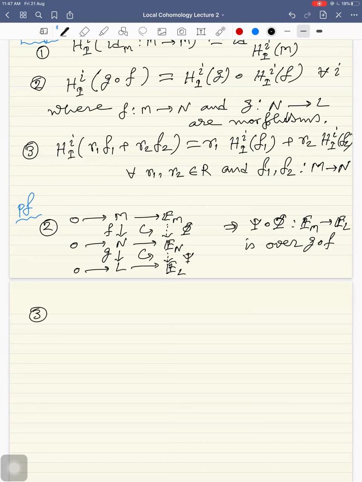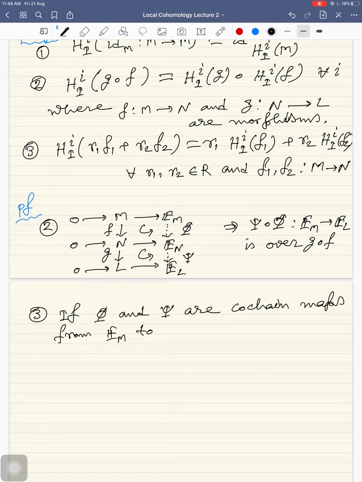And the third statement, again I can write that if phi and psi both are quotient maps from EM to EN over F1 and F2, then you take this R linear combination of phi and psi.